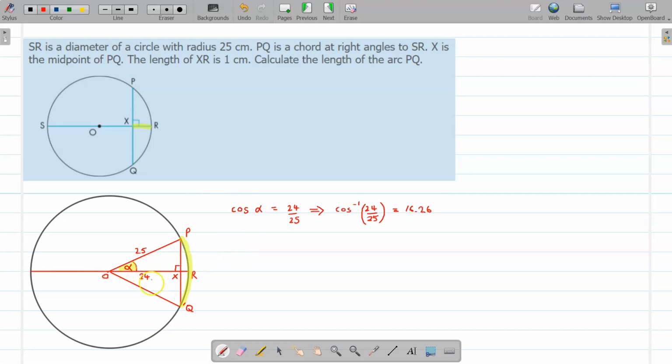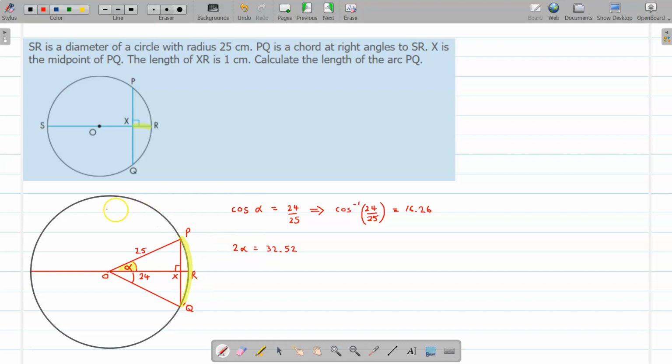So 2 alpha, which is the total with that plus that bit there as well, is going to be double that, which is 32.52 degrees. So I now know that this piece that's been cut away from the circle represents a fraction of the whole circle, and the fraction is 32.52 over 360.